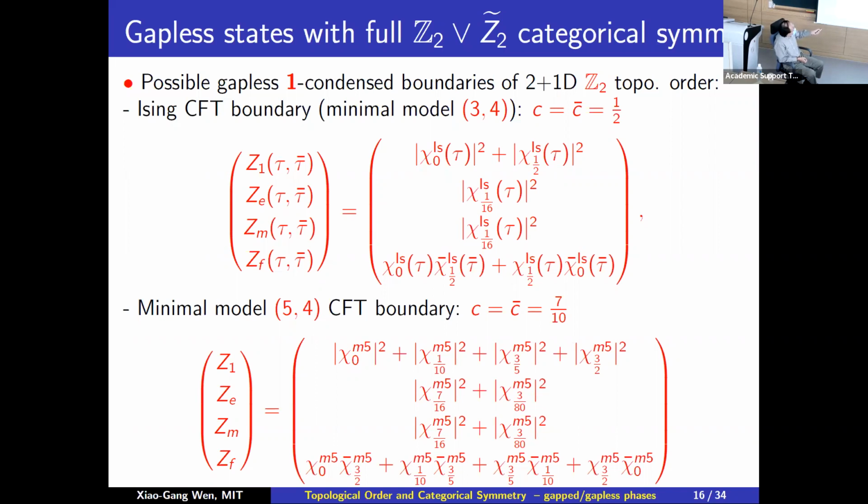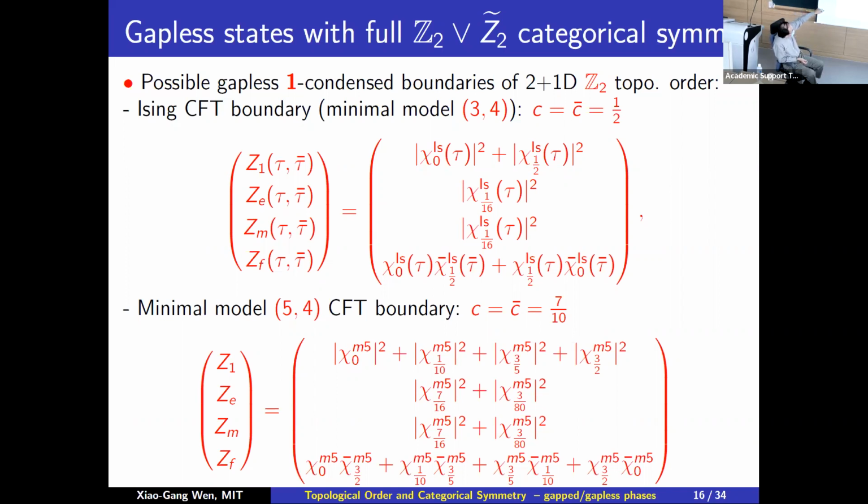So this chi0 squared only appears in this component. In the other component, here we have chi0, but on the other side it is not there. So this solution is a one condensed boundary because this character only appears in the Z1. You can see that is one condensed.